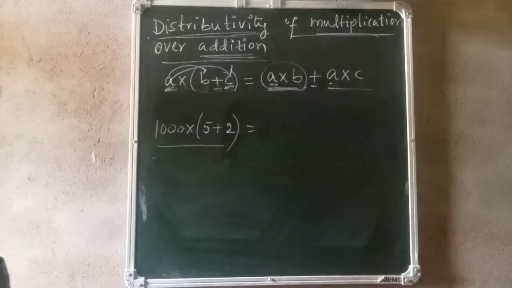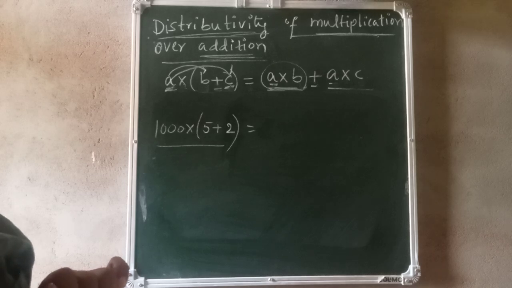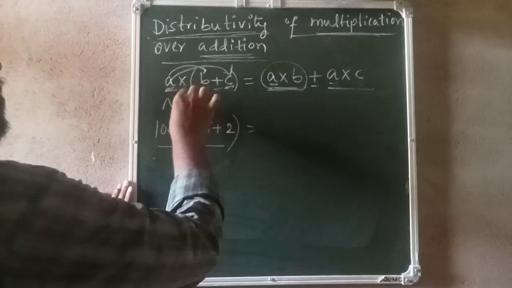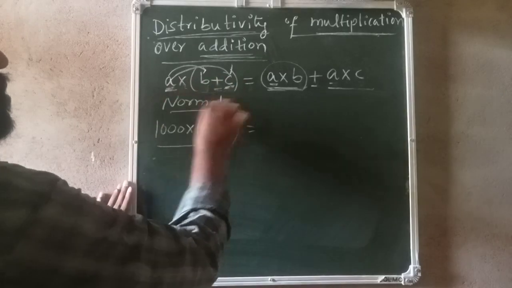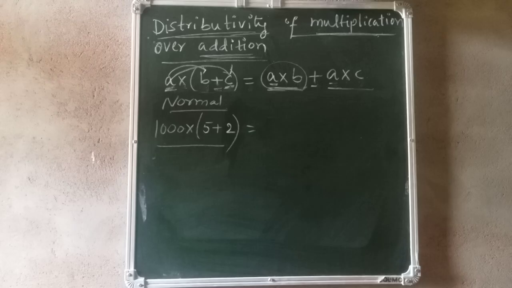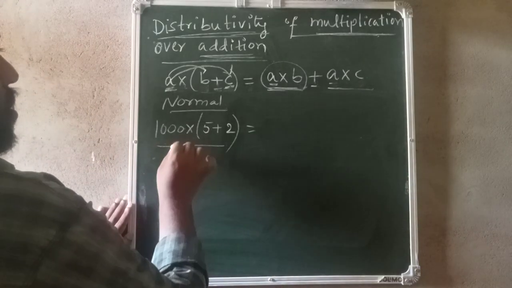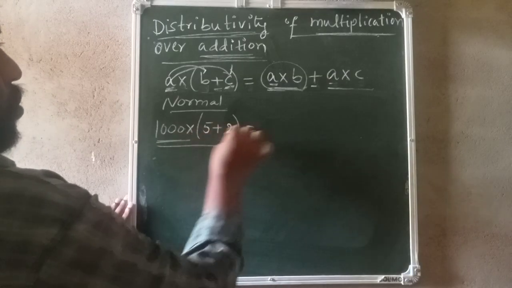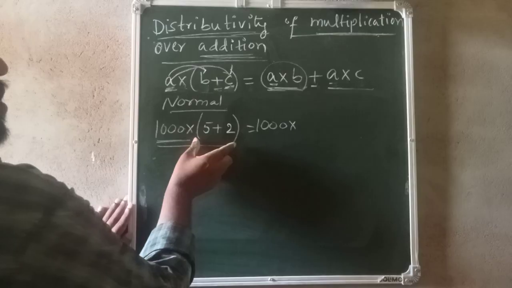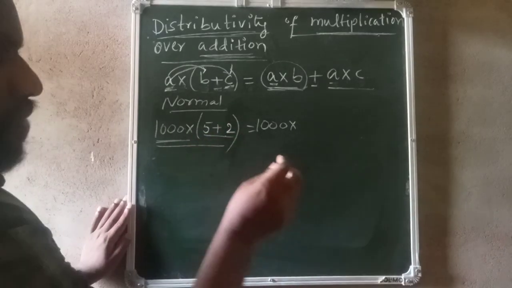First we will simplify this using normal multiplication. So using normal multiplication, how we will calculate? First, write this 1000 into. Next, whatever we have inside this bracket, we have to simplify that.